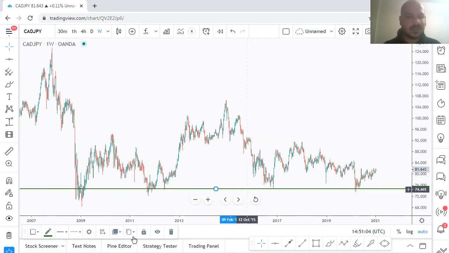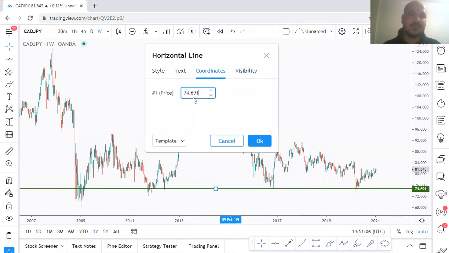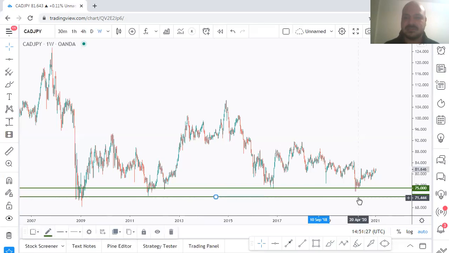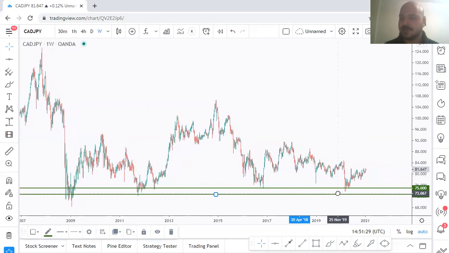And we always optimize our levels to become round numbers as traders tend to place their stop loss, take profit, buy limit, sell limits around these round numbers. For example, if a trader wants to put a buy limit, he won't put it around 74.691, right? He'll put around 75, and he'll put his stop loss around 74, for example, right?